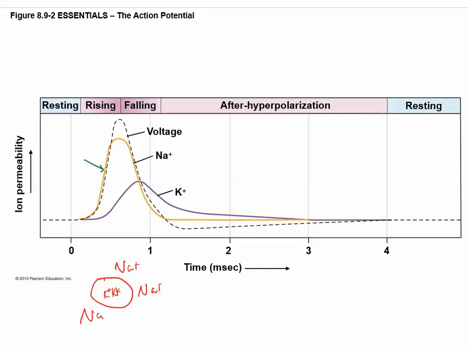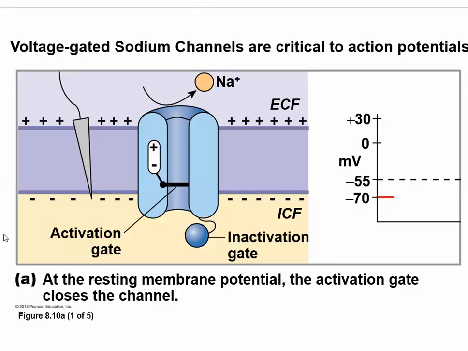So sodium channels open first, and then right after that, potassium channels open, and then the potassium channels close. Which means that there's a period of time in here where nothing can happen, and we call that a refractory period, where there can't be another depolarization.